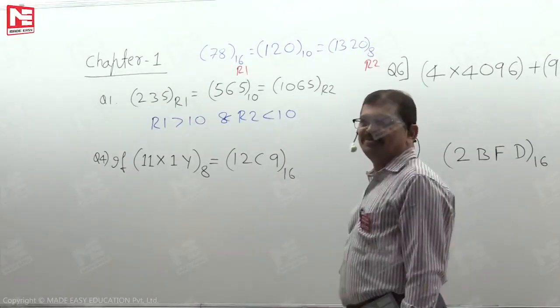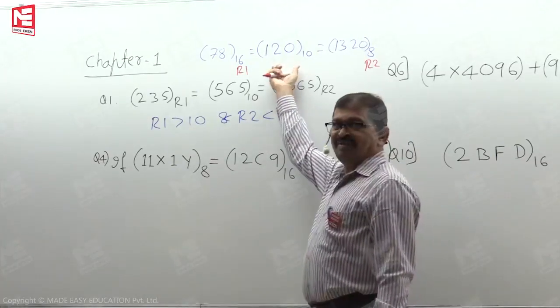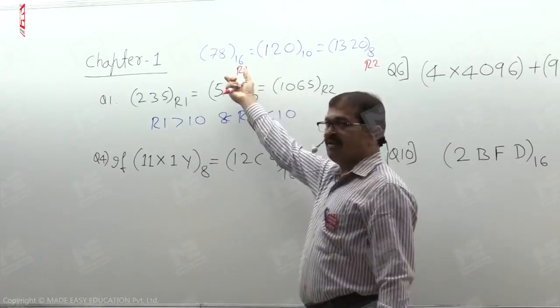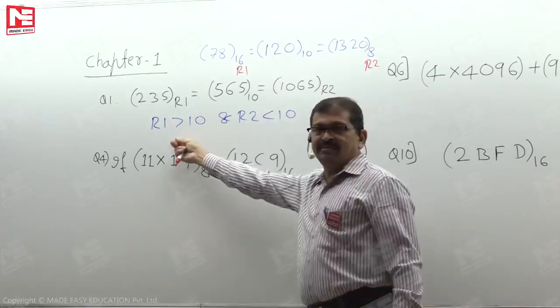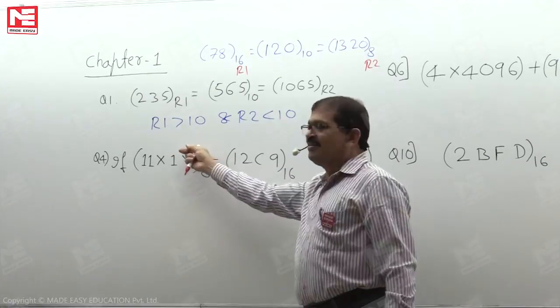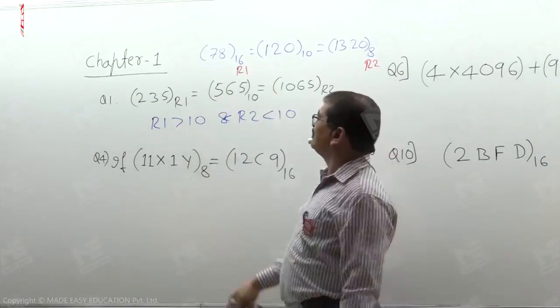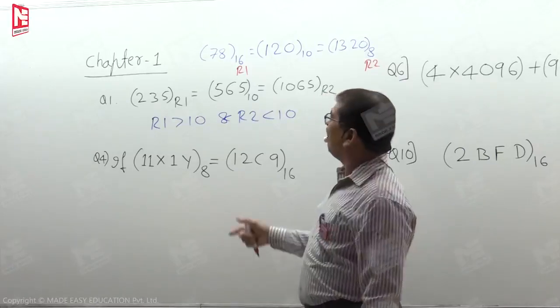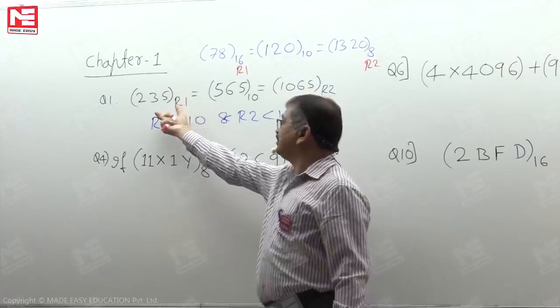What we see is that the decimal number has 3 digits. When expressed in hexadecimal, where the base is greater than 10, the number of digits is less.